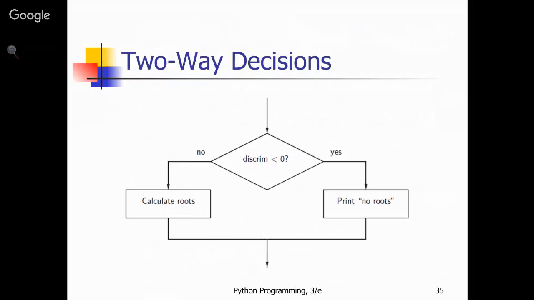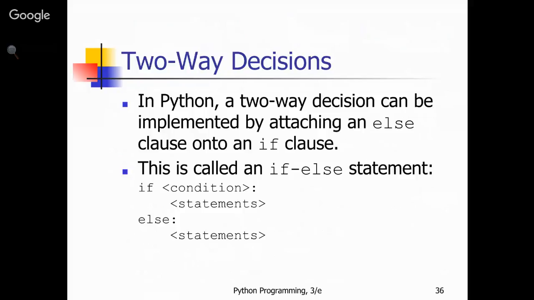But I'll show you a statement where if we have an if, we can also have an alternate condition with else. So this is a two-way decision. If a certain condition is true, then we execute the statements. Else, we execute the other statements, right?